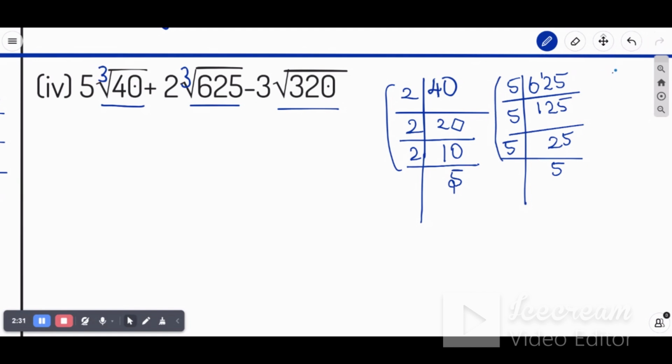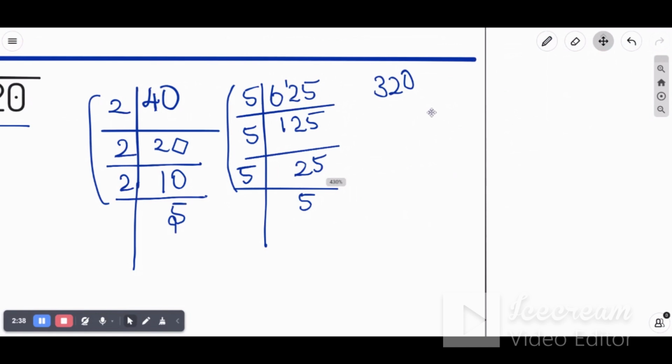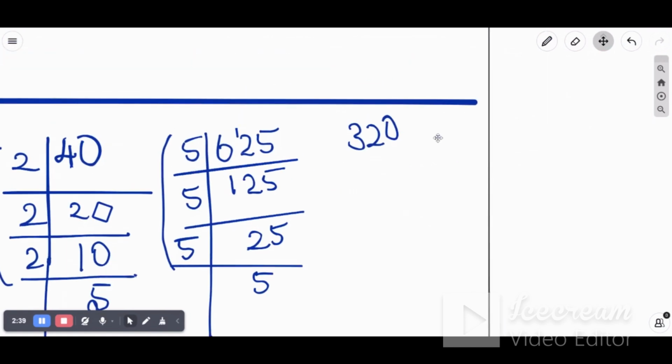And the final thing will be 320. So 320, let's have a quick closer look. If I do this, you can have your 2 outside: 1 two is 2, 6 twos are 12 and a 0. And then you can have your 2 outside, 8 twos are 16 and a 0.